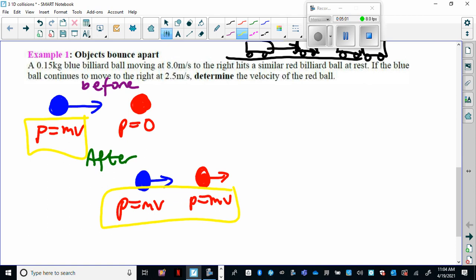So let's do this one thoroughly. In other words, we'll go the momentum before, and some people use B for before and A for after.